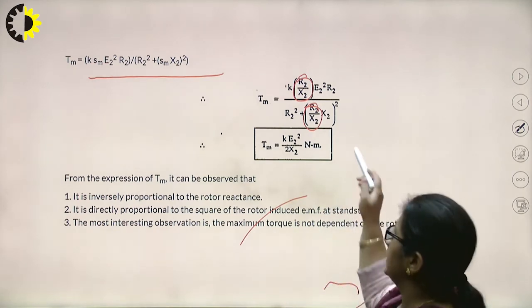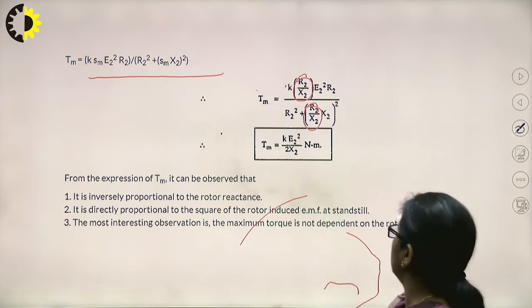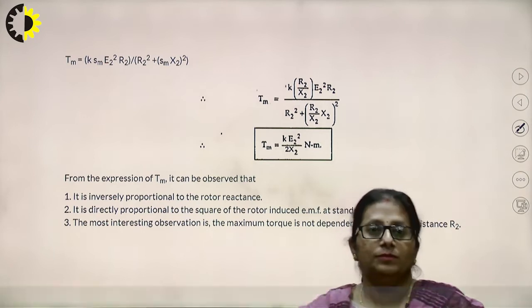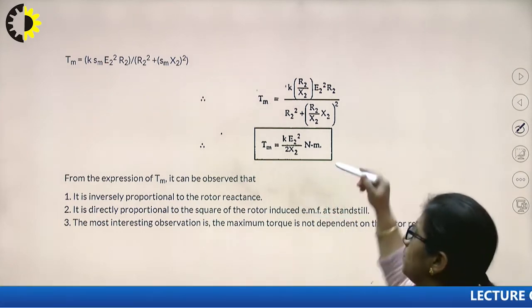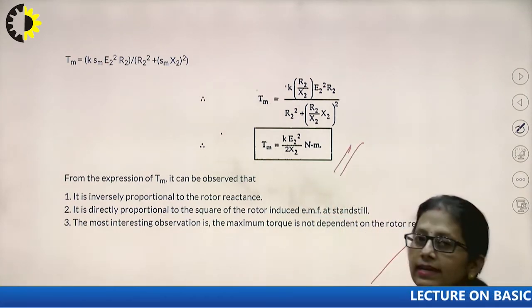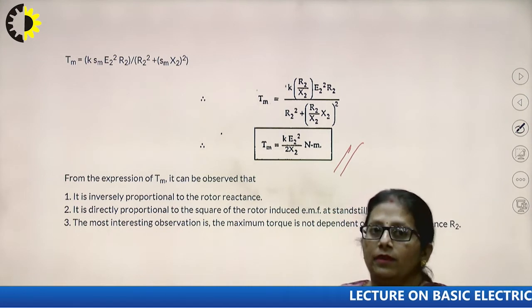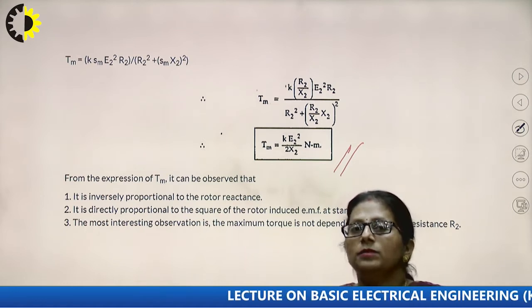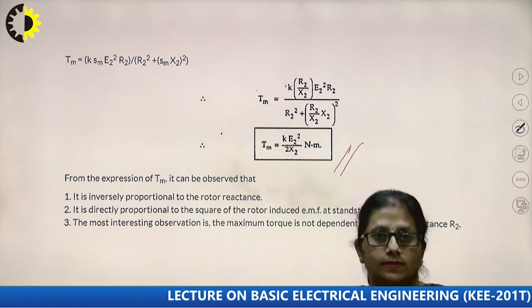Now, once again, the thing to be noticed over here is that in case of maximum torque, this expression is entirely independent of the rotor resistance, right. So, the maximum torque is independent of rotor resistance.